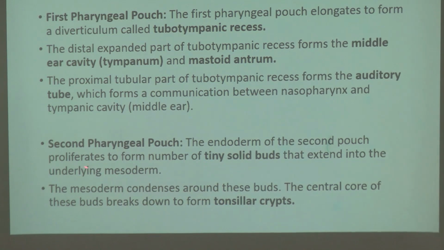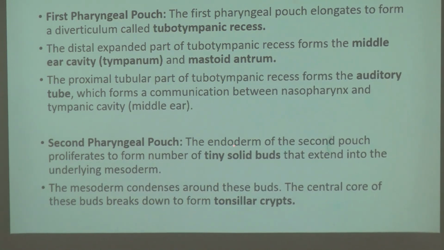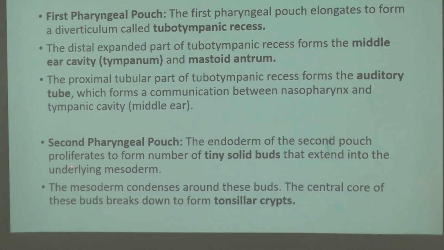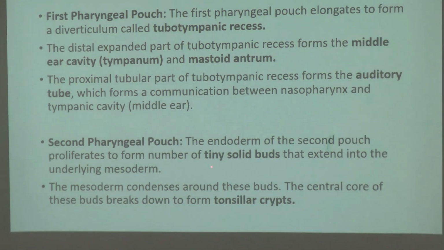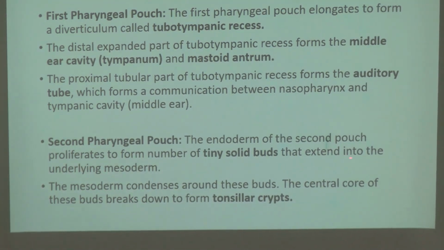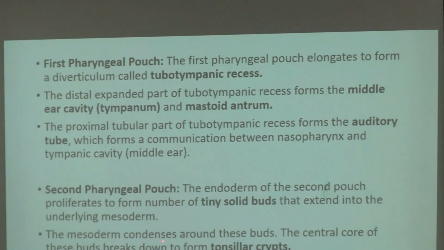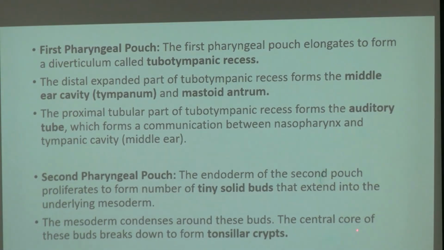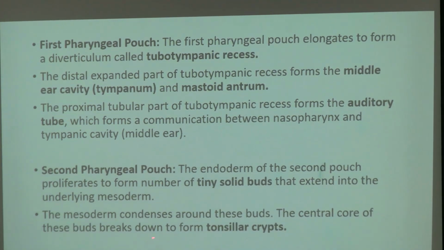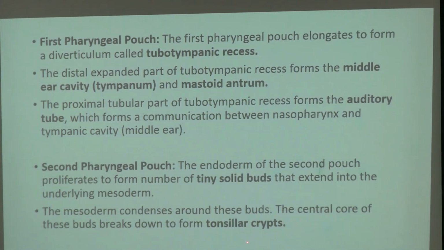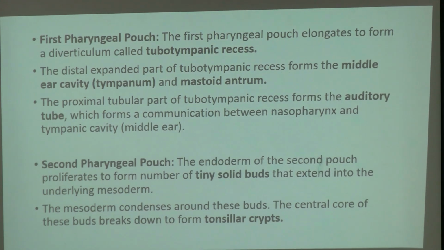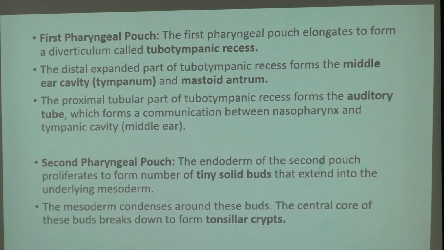tympanic cavity. Second pharyngeal pouch, the endoderm of the second pouch proliferates to form a number of tiny solid buds that extend into the underlying mesoderm. The mesoderm condenses around these buds. The central core of these buds break down to form the tonsillar crypts. That's why I mentioned, just remember the word tonsillar right now.